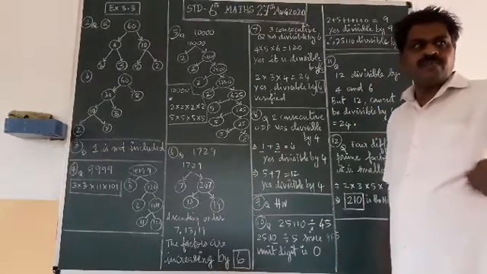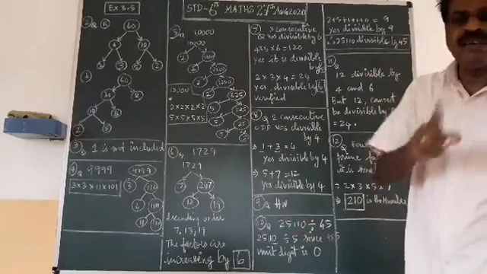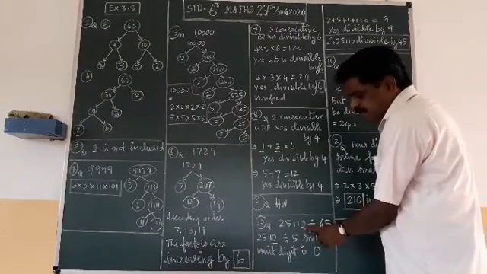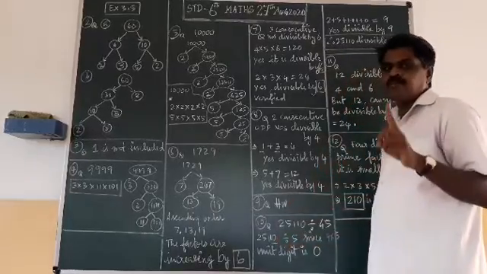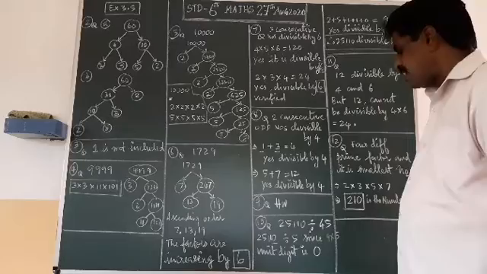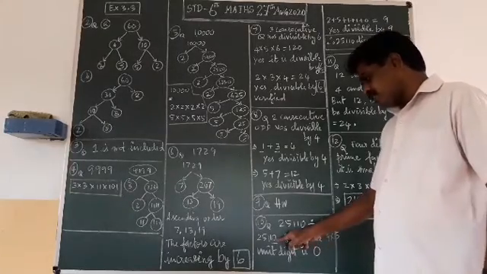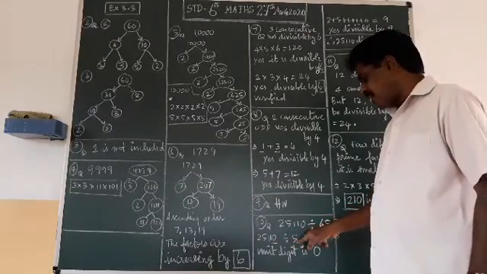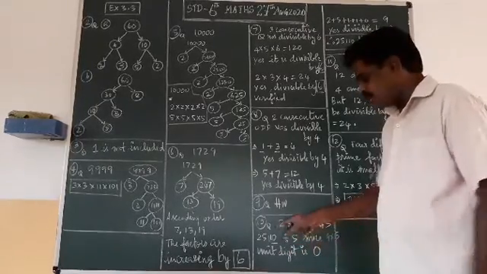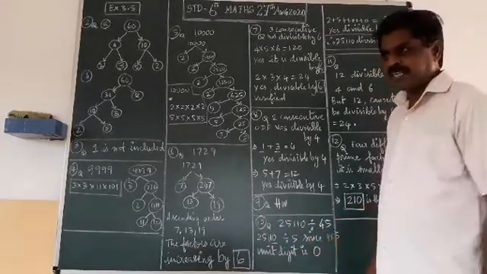You check whether 9 and 5 can divide this number. Yes, the number ends with 0, and if a number ends with 0 or 5, then 5 can divide it. So this number is divisible by the factor 5.